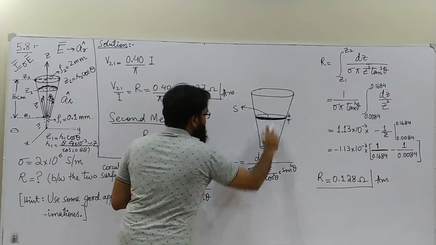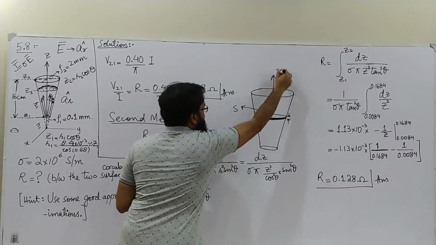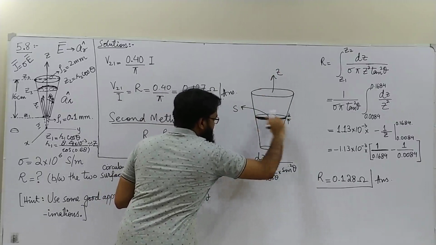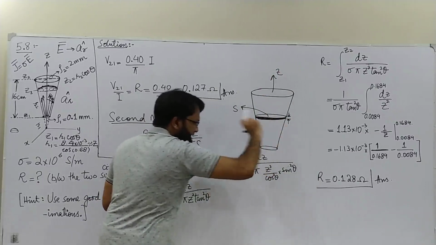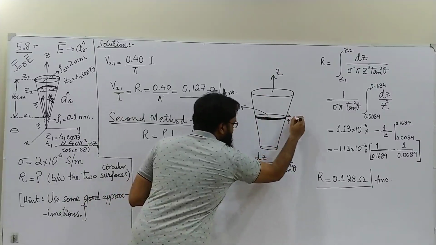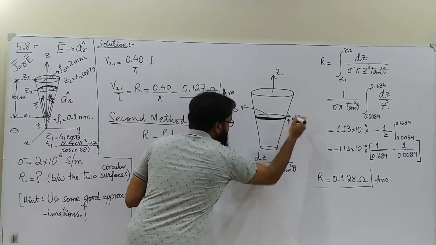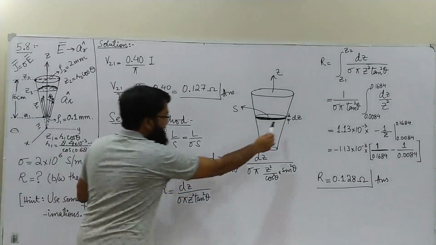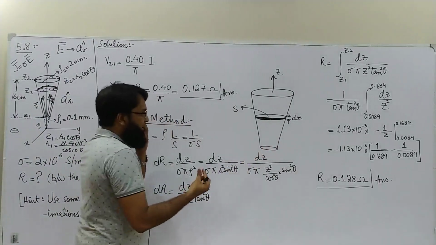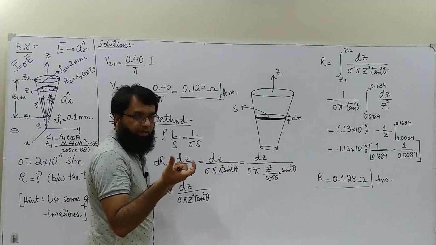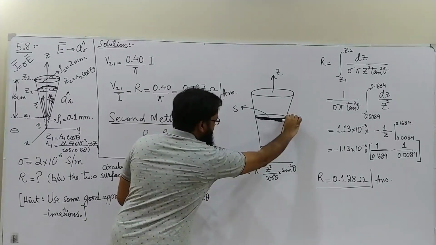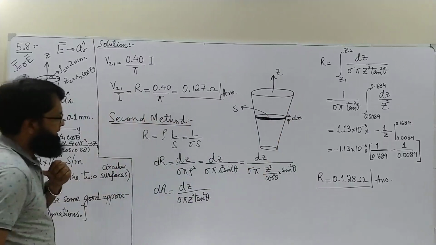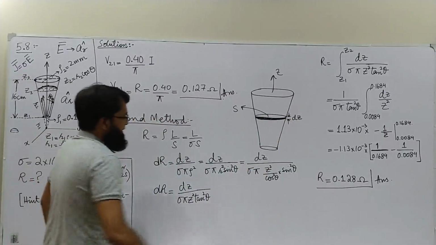Since this is oriented along the z-axis, I am dividing this cone into infinitely thin discs where the thickness is given by dz. So this disc can be treated as a cylinder, because the thickness of this disc is negligibly small.